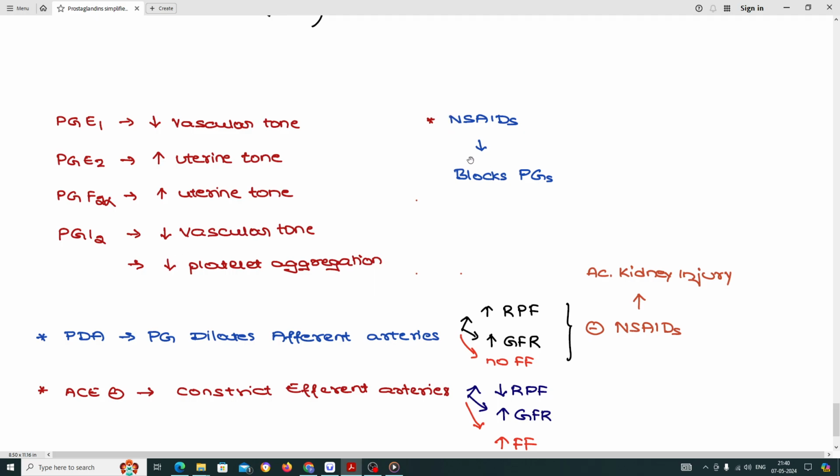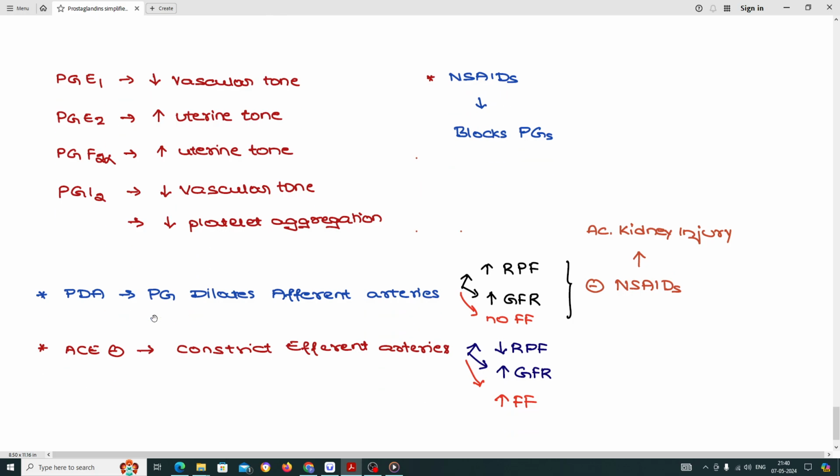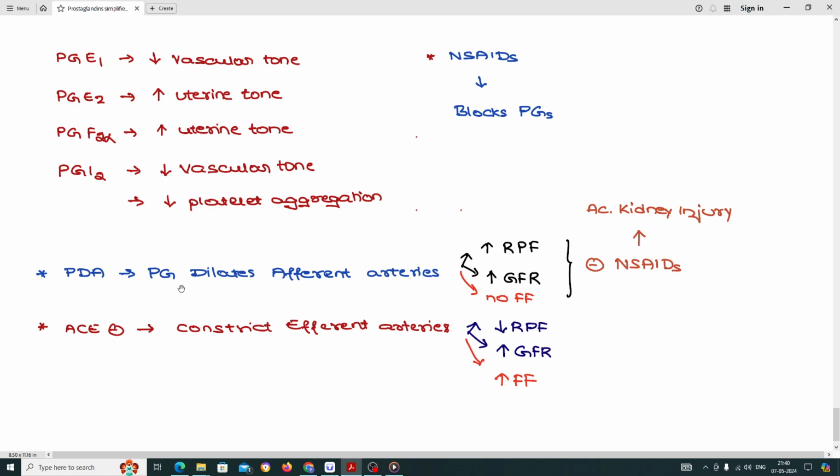On the other hand, non-steroidal anti-inflammatory drugs block prostaglandin production, thereby decreasing the inflammatory process. Now, what is the effect of prostaglandin and angiotensin converting enzyme inhibitors on the renal blood vessels?